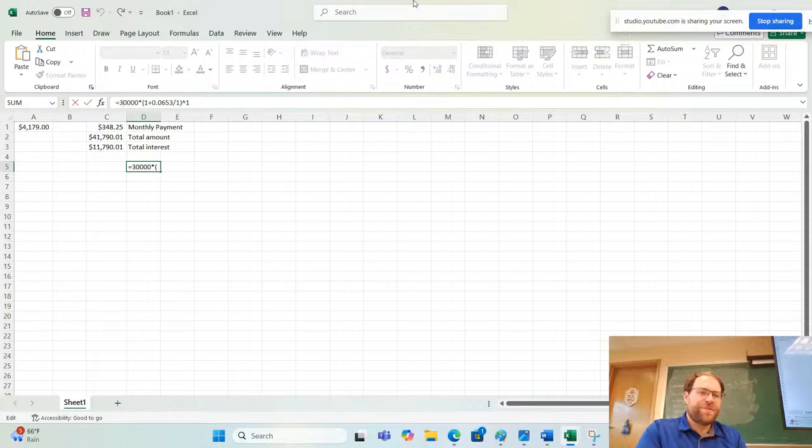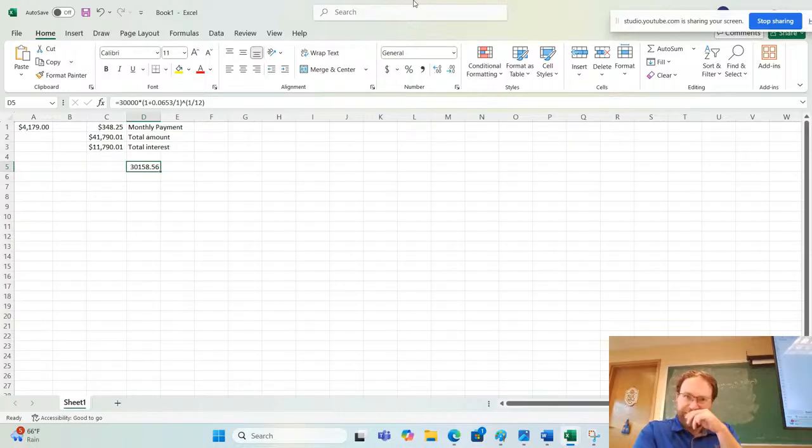But we just want to figure out how much it's going to go up in that first month. So for the exponent, instead of 1 for 1 year, a month is only 1 out of 12 parts of a year, right? Yeah. So that exponent should be 1 out of 12. So that means at the end of the month, 30,000 goes to 30,158.56.